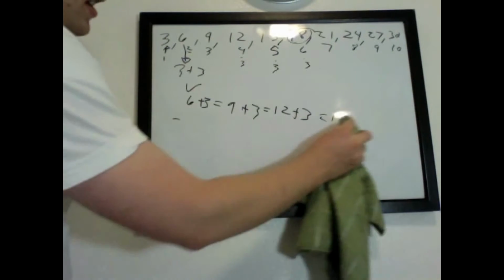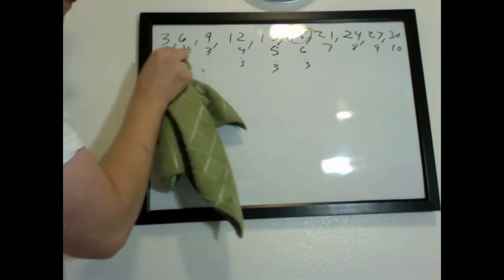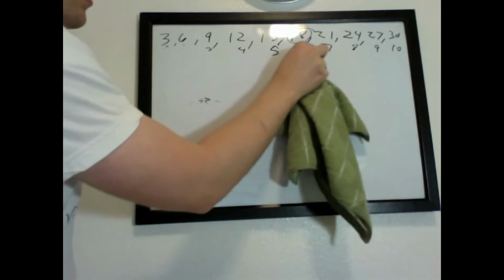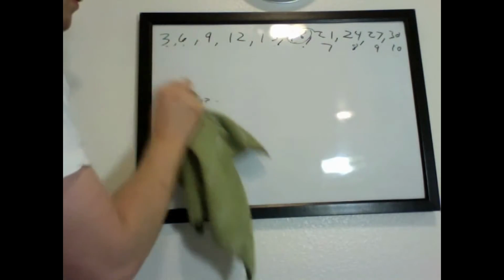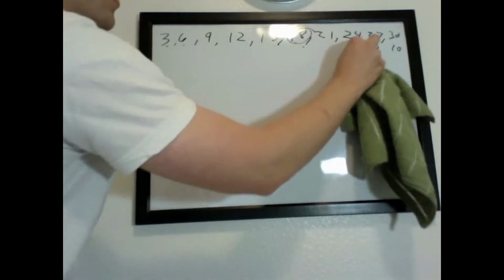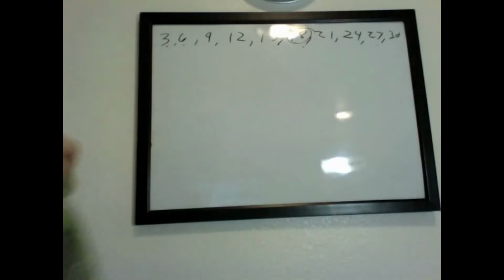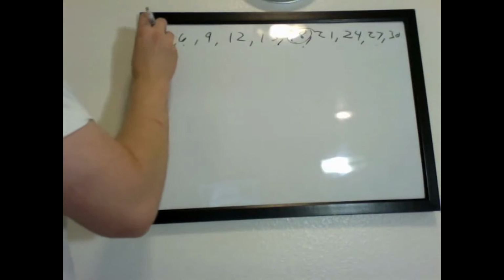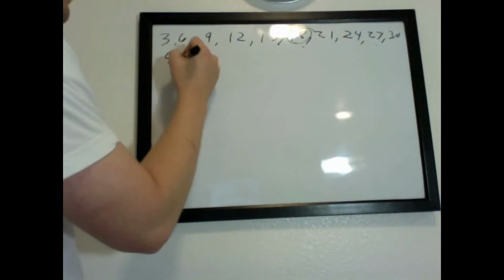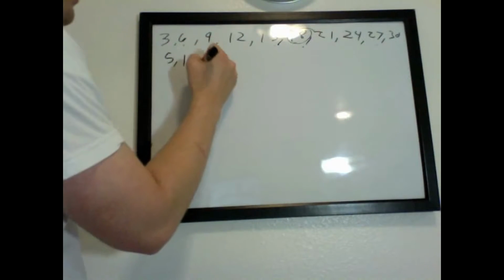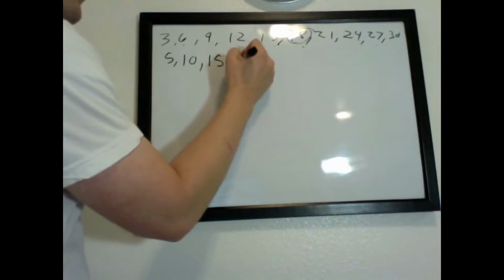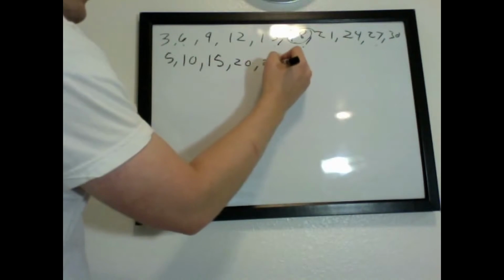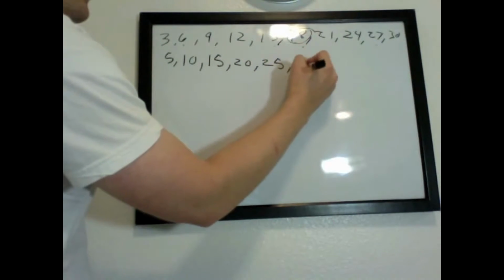Let's go and count by 5s now. I'll keep these up here. Let's say 5, 10, 15, 20, 25, 30.